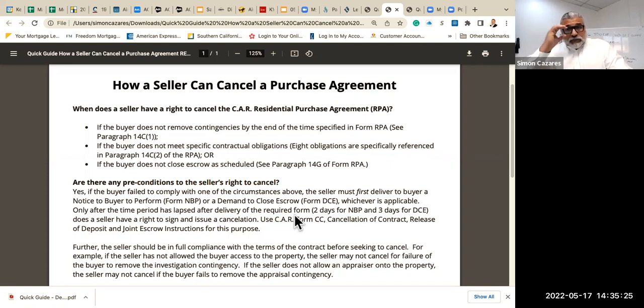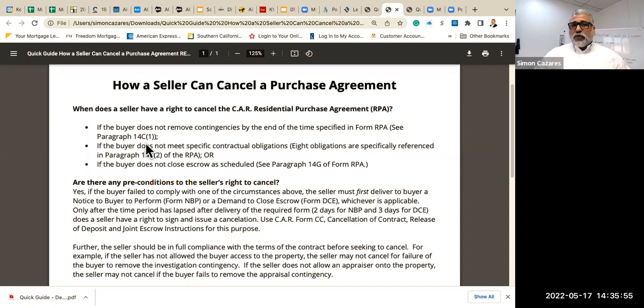So part of the process is, again, all that I'm talking about is straight from the California Association of Realtors. If the buyer does not remove a contingency by the end of the time specified by the form, then under paragraph 14C(1) of the purchase agreement, the language allows either party, if the other is not performing, to require release of the contingency or back out.